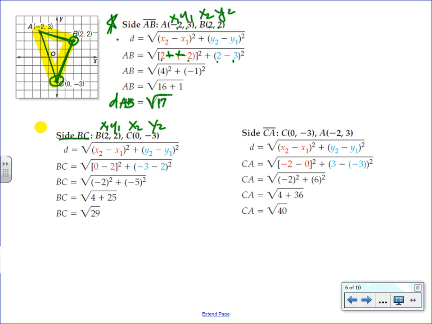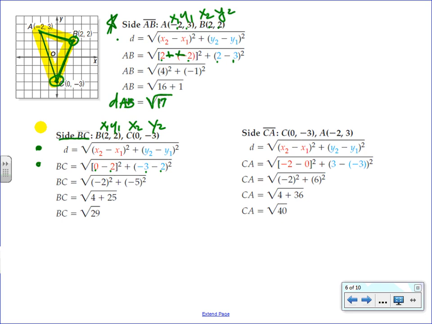Write down your formula. Okay, write it down. Yes, write it down. And then plug in your points. x2 is 0. x1 is minus a 2. y2 is negative 3. y1 is 2.